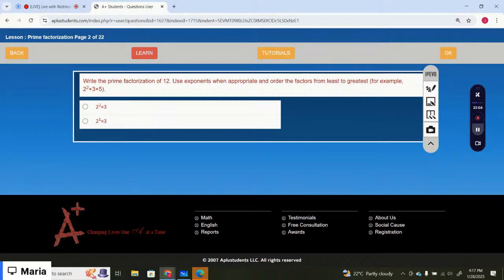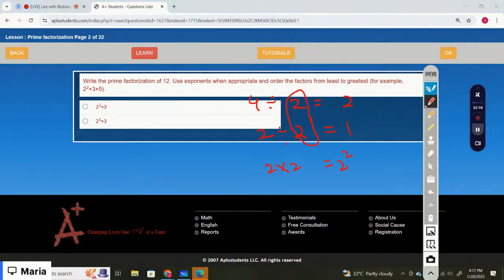Write the prime factorization of 12. Divide the 12 by the smallest prime number.